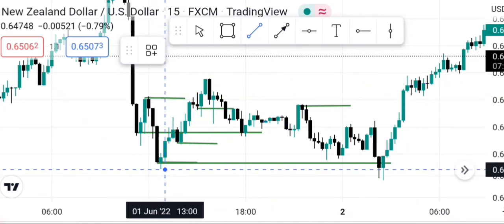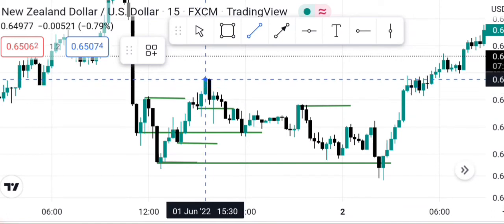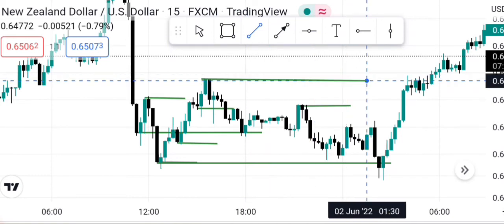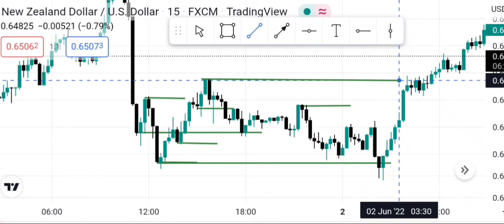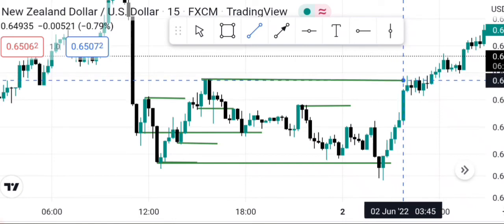First, you identify the high of this market, like this. You identify the high, and you identify the lows as well.